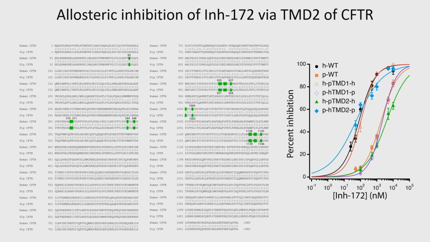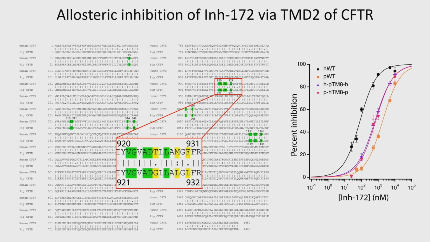As a matter of fact, if we only swap TM8 between these two orthologs, we can still see the sensitivity change for the chimeric channels. From previous studies, we also know that TM8 is very important for CFTR's gating. And we also know that the famous CFTR potentiator VX770, aka ivacaftor, also binds very close to TM8.